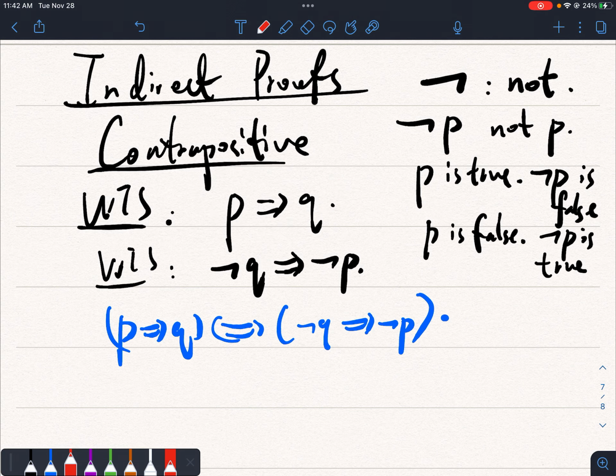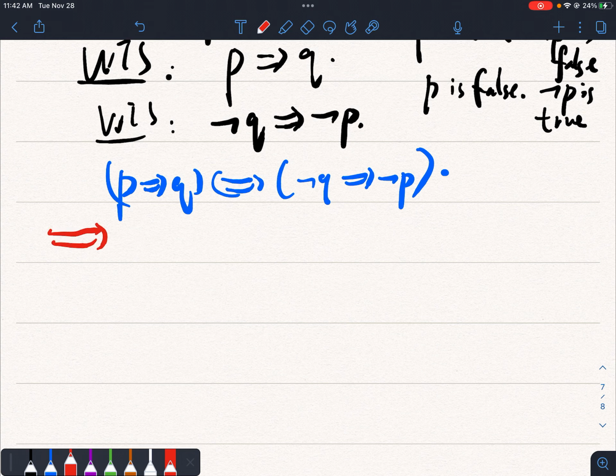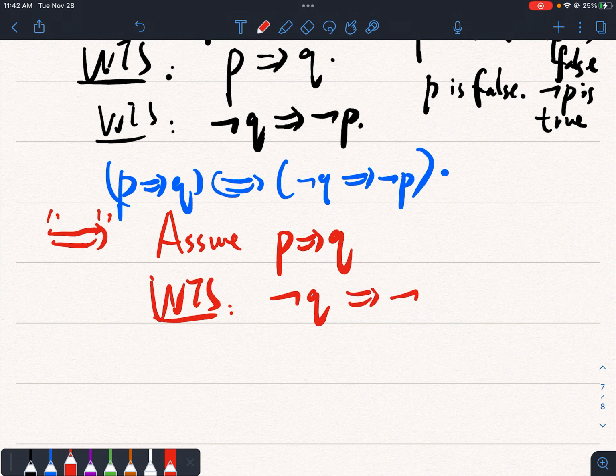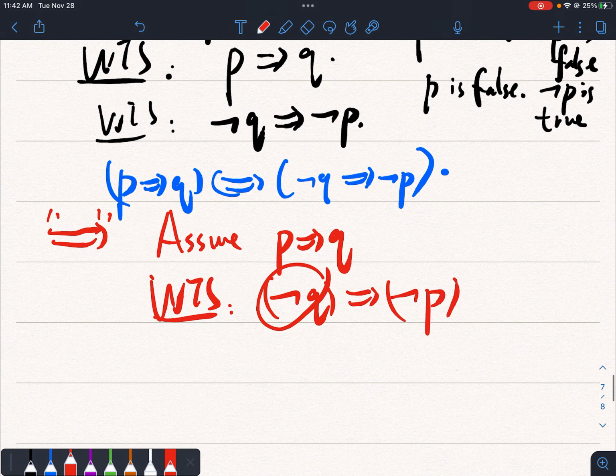So let's just prove this direction. How will we prove this? I have to assume this as the assumption. Pay attention: we're not assuming P or Q, we're assuming P implies Q. We're assuming this statement is true, and then we are asked to show that not Q implies not P. Since we are asked to show something implies something, we assume the hypothesis is true.